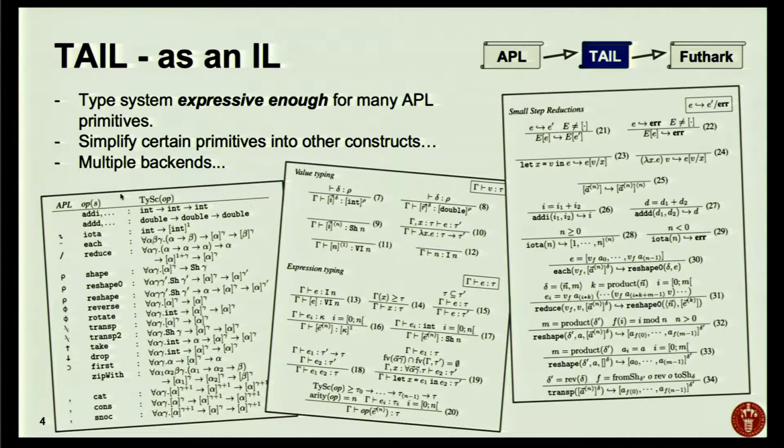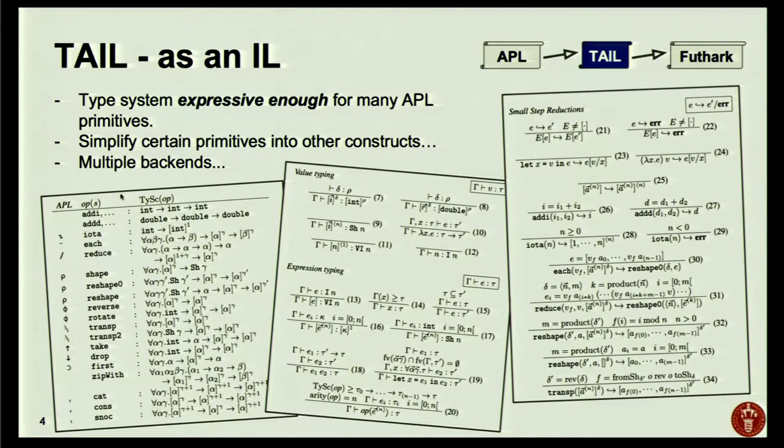So we do support these kinds of things in the type system as well. And there's a whole theory about that, and there's a dynamic semantics, and you can prove that these are related. The idea here was to investigate this language in isolation. That has turned out to be quite helpful.